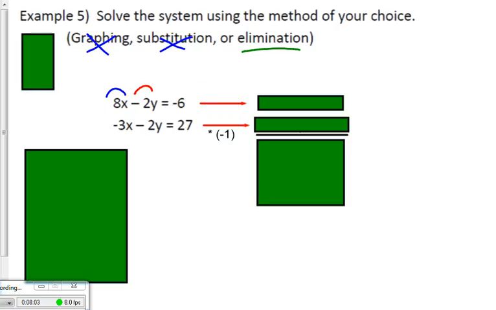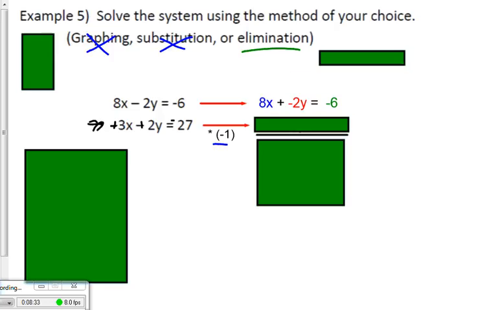So as I'm changing things around, I'm going to multiply that bottom equation by negative 1. Or in a way, it's like I'm taking this top equation and subtracting this equation. If I subtract this whole equation, remember, it's like applying this negative in front of everything. So this becomes plus, this becomes positive, this becomes minus. If I were to subtract everything, it's the same as saying negative 1 times it. So the top one doesn't actually change.